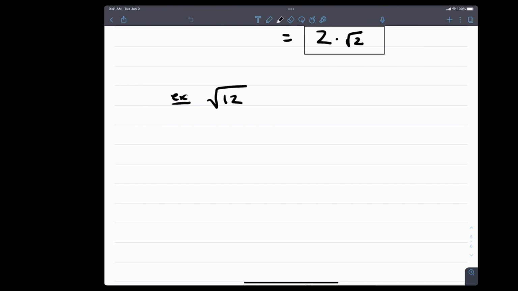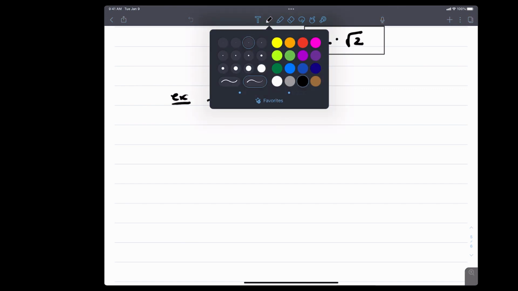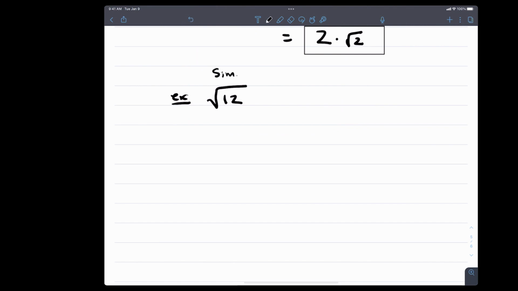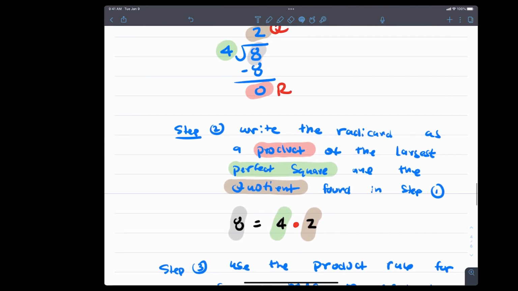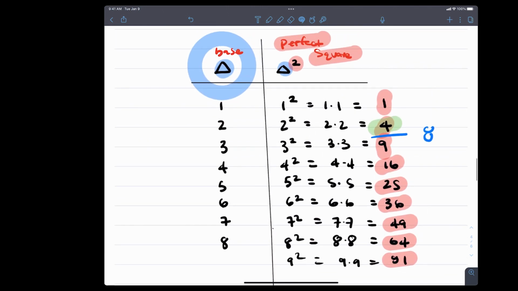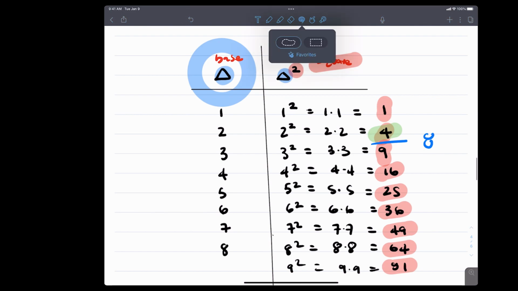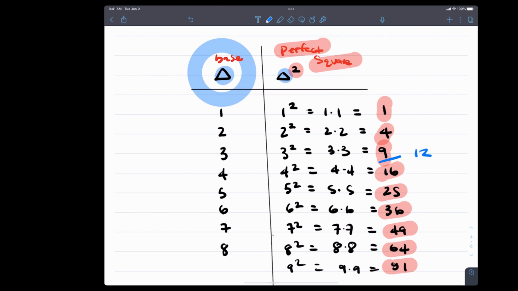Now, the instructions are going to say here to simplify the square root of 12. And what you have to do is follow that procedure I gave you guys, right? So step 1, we need the largest perfect square. 12 over here would be between 9 and 16.